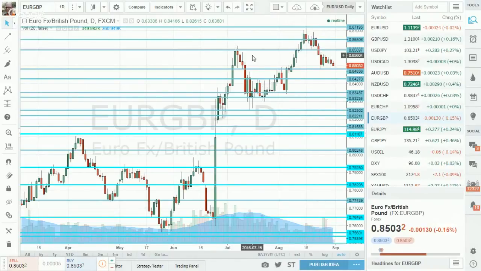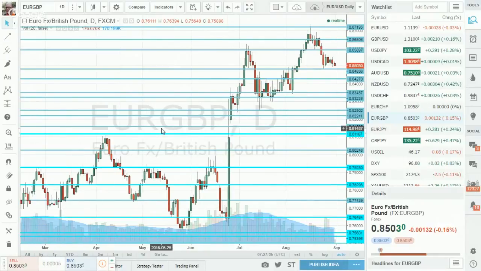Of course, to the downside, we have the round number of 80, but we have a few more hurdles before that, so it's, I would say, 81.20, which has been the high here back in April. But the key levels for this cross are, let's put it a bit more precisely, 84.80 and 87.20 to the upside.